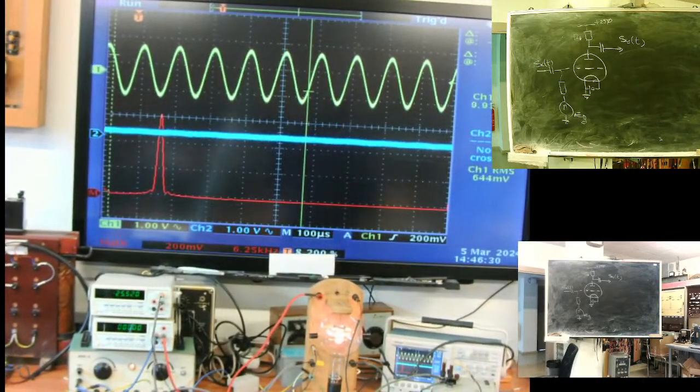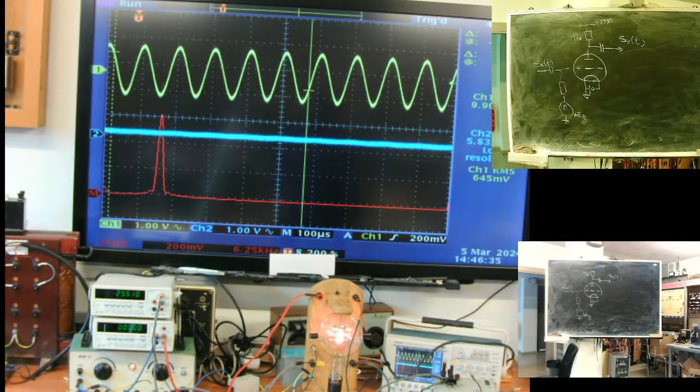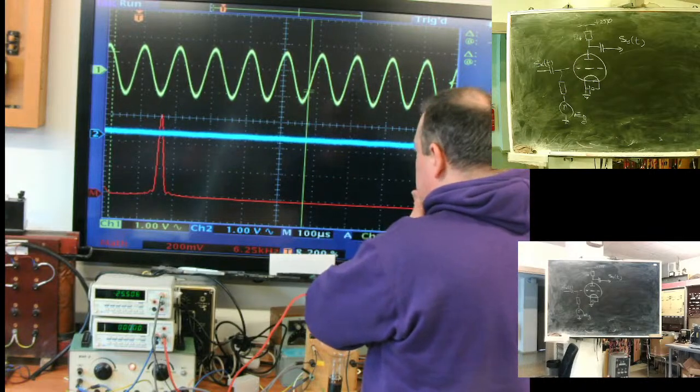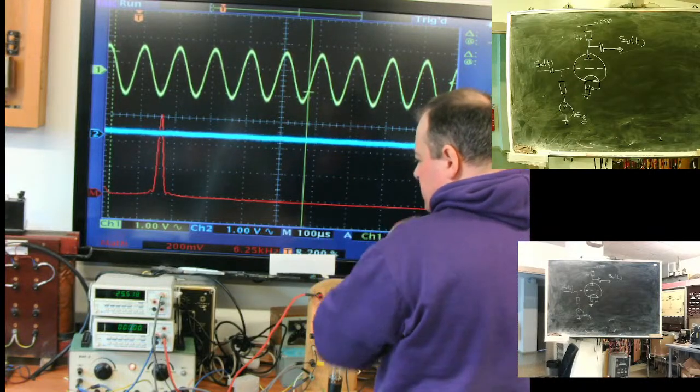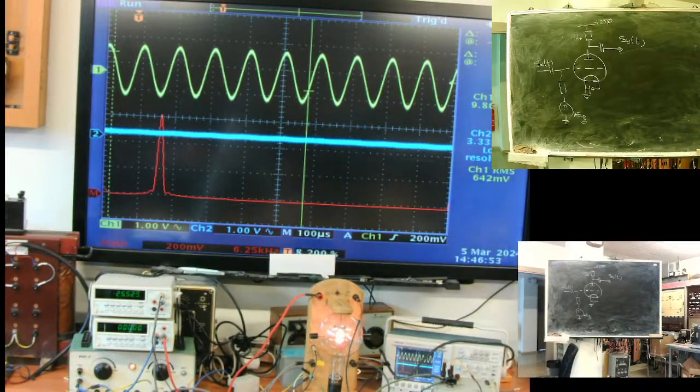Yeah, like this. The yellow line is the input signal, and the blue line is the output signal. At this moment, grill voltage is minus 25 volts.